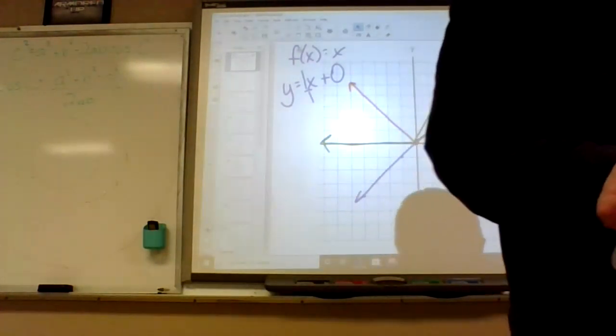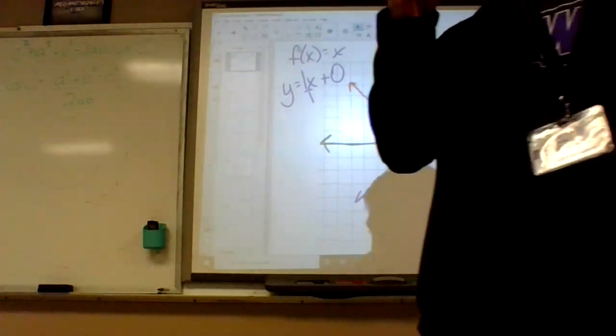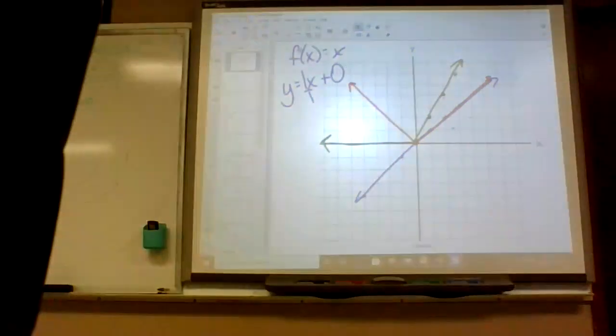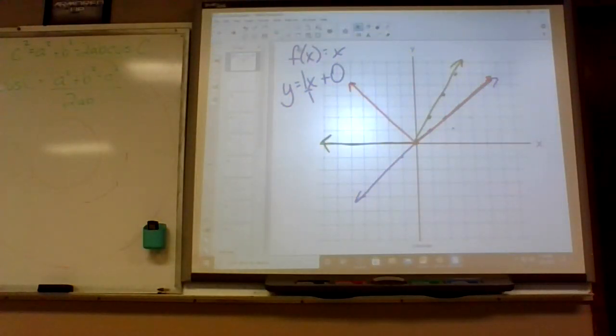Okay, graphing calculators. So are we skipping 13? Who needs a graphing calculator? I need to get one. I need one too.